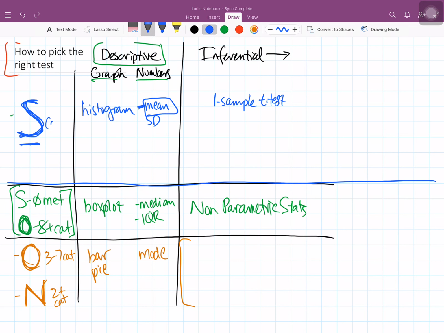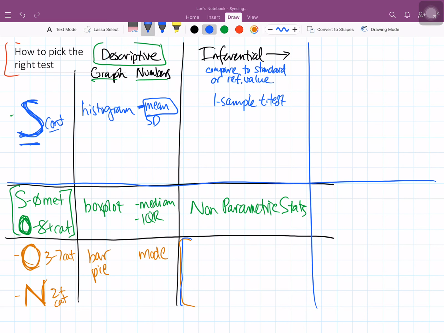This is a continuous variable, and it compares it to some kind of standard or a reference value. So I'm going to put compare to standard or reference value. So that's going to be this whole entire first column here.